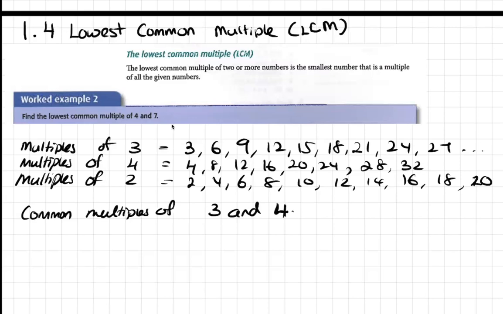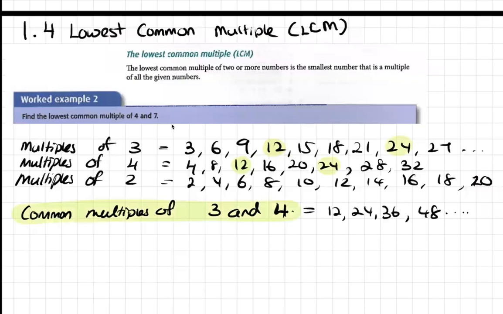So if you look at the common multiples of 3 and 4, you can actually see 12 is one of them, 24 is one of them, and so on and so forth. You will actually see more and more as you go by, because they will overlap each other. So the common multiples of 3 and 4 will be 12, 24, I would say 36, maybe like 48, so on and so forth.